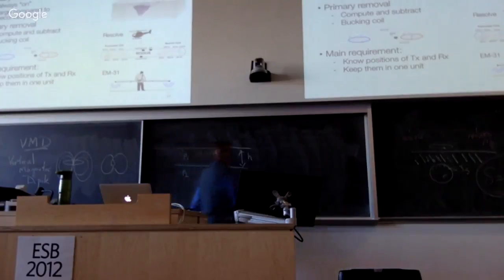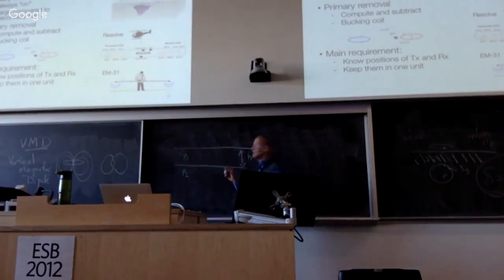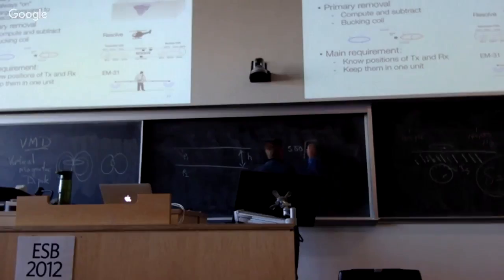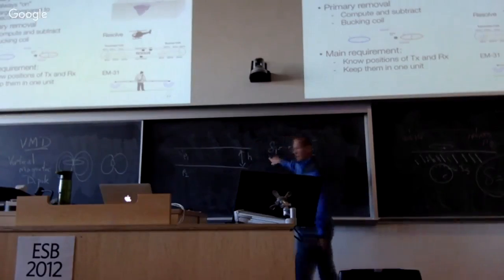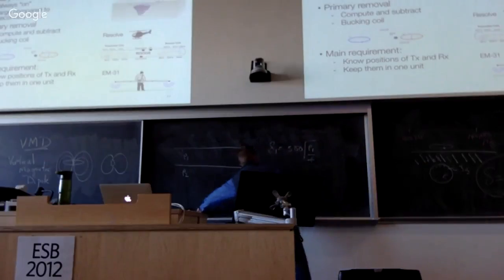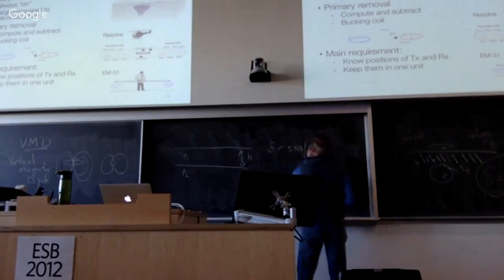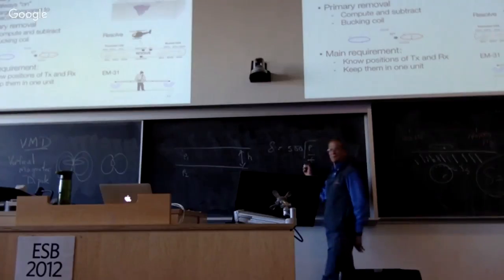Let's suppose I was able to control the frequency. If I get a frequency here so that delta 1 is equal to, well, I can even get rid of these guys here. So here's my skin depth formula.